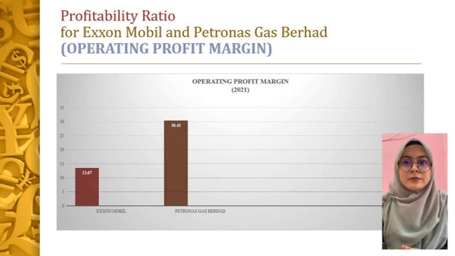Based on the graph, ExxonMobil's result is 13.67%, lower than Petronas Gas Berhad's result of 30.45%. So the difference between both firms is 16.78%. This shows that Petronas Gas Berhad has better profit than ExxonMobil in 2021.